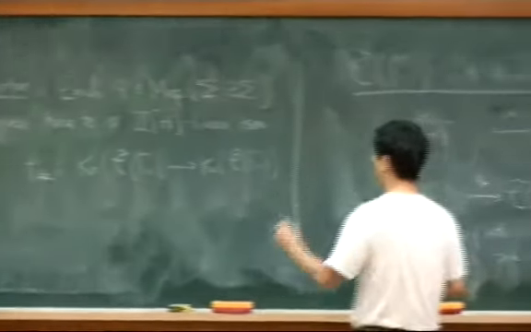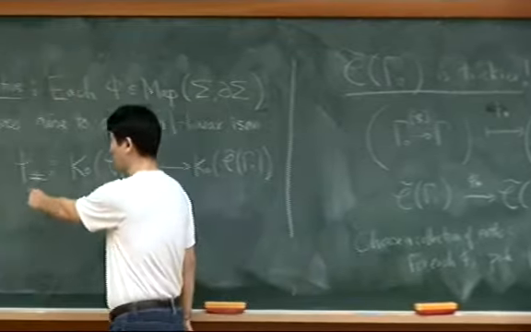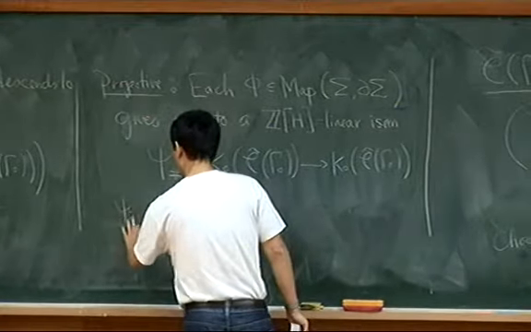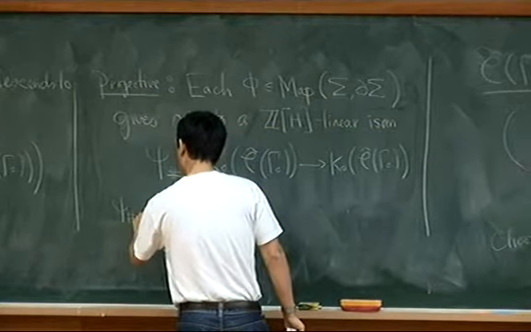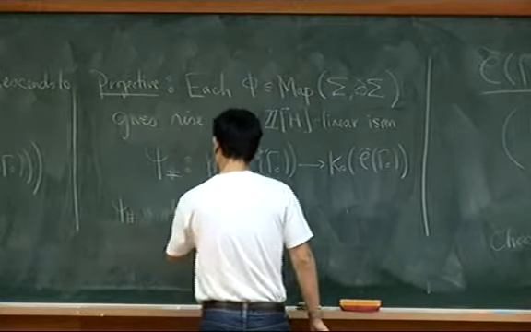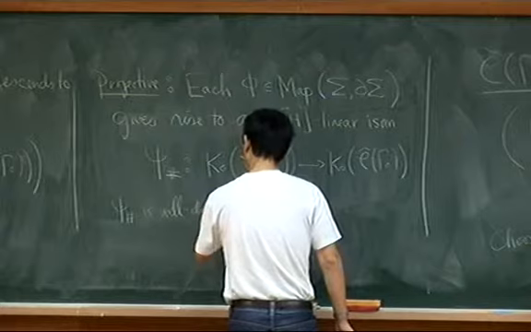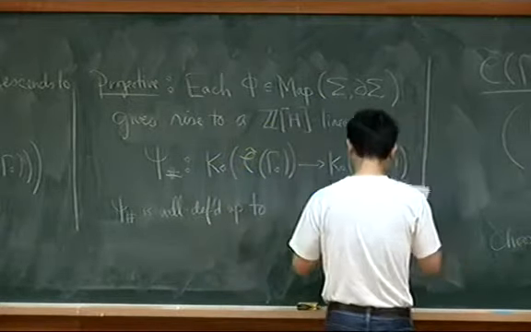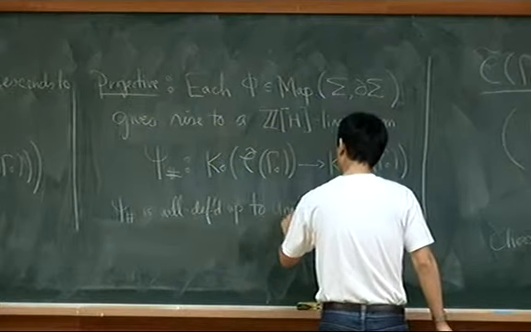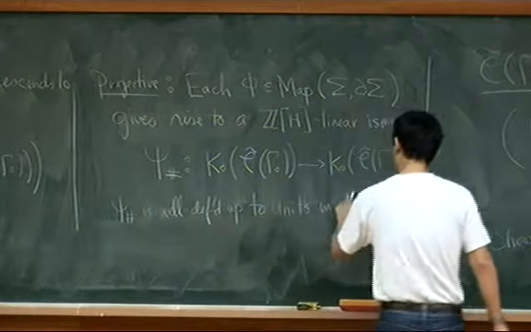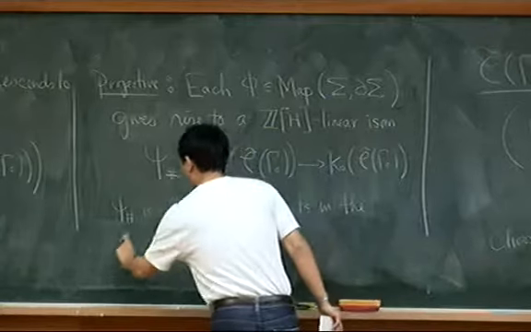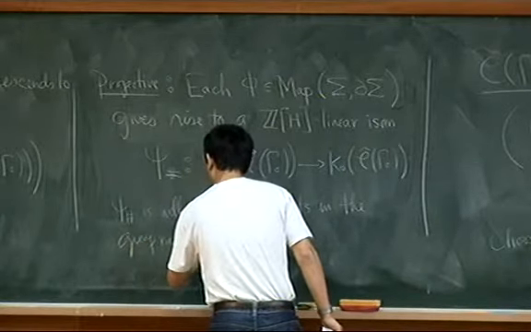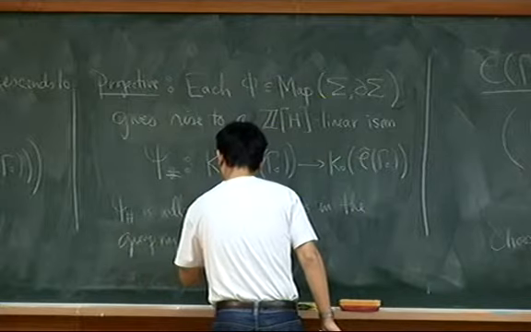Okay, and the point is that this phi lower star is unique. So phi lower star is well defined up to a choice of unit, up to units in the group ring Z[H].